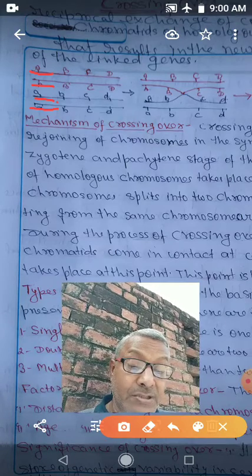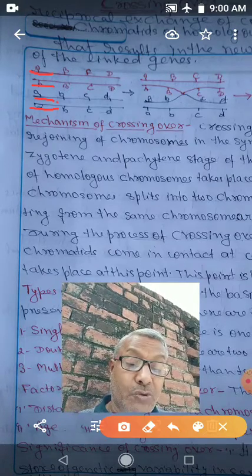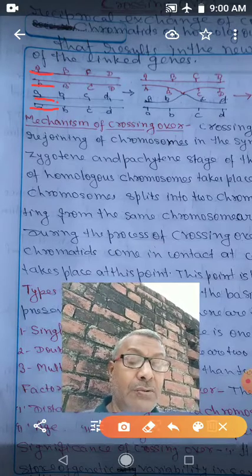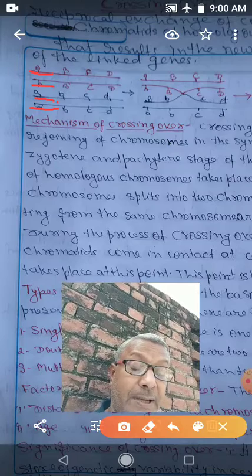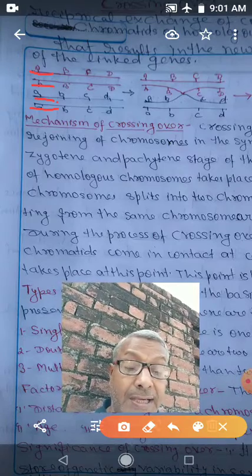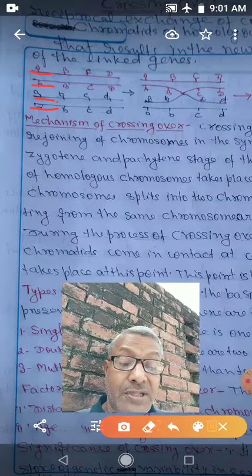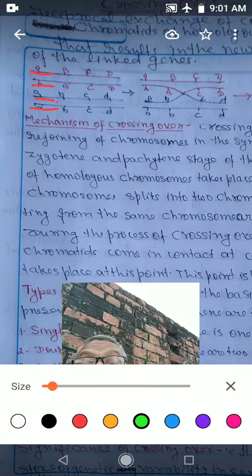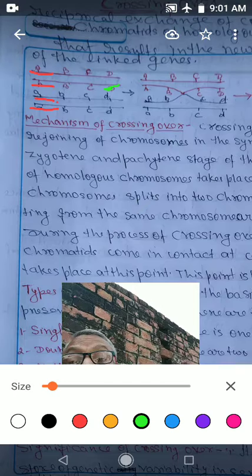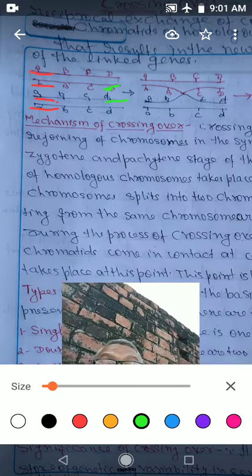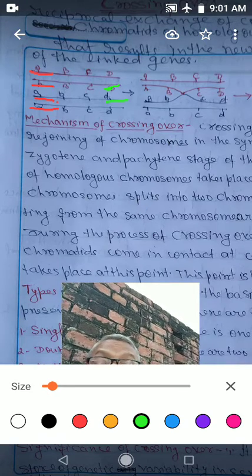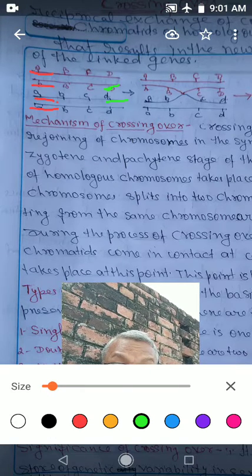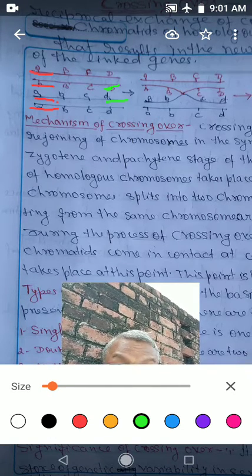The chromatids originating from the same chromosome are called sister chromatids, and the chromatids originating from different chromosomes are called non-sister chromatids. So here you see, these two are non-sister chromatids, because these chromatids originated from different chromosomes.